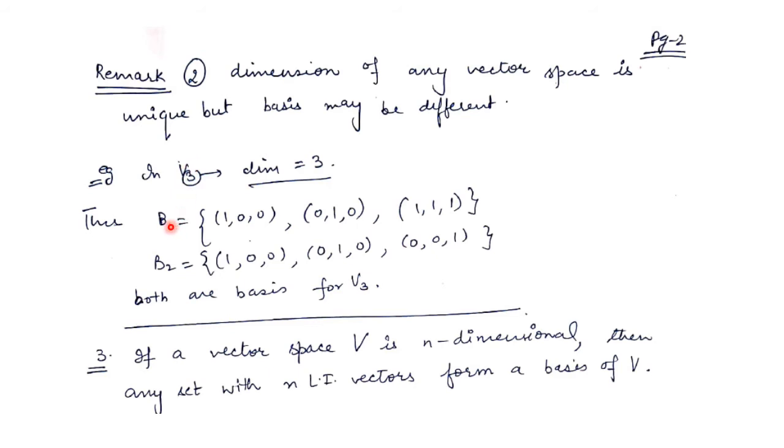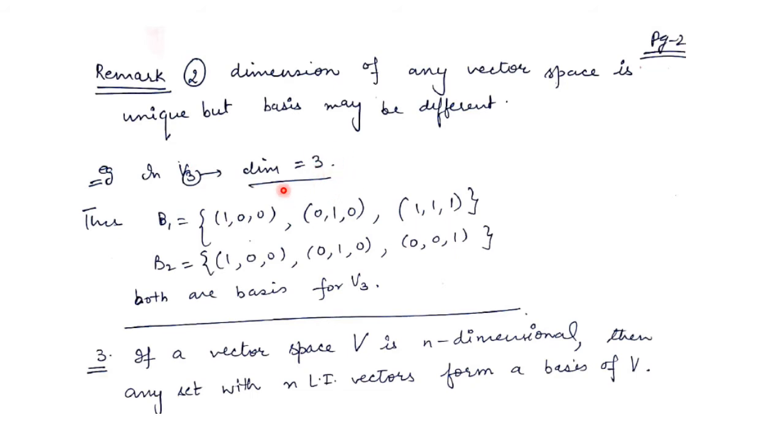If we consider B1 and B2, subsets of V3, then both satisfy both conditions of a basis, meaning both sets are LI. You can check easily, both sets are LI and both generate V3, so they are bases of V3. Both sets have 3 elements, 1 2 3, 1 2 3, so the dimension of V3 is 3.